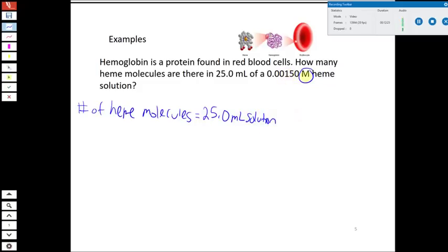And we know that there are this many moles per liter. So if we can convert milliliters to liters, we can then use our molarity as a conversion factor. We can do this in 2 separate steps if we want. We're going to take the milliliters and convert to liters, because molarity, again, is related to liters of solution. So we'll do the same conversion we did last time by dividing by 1,000.